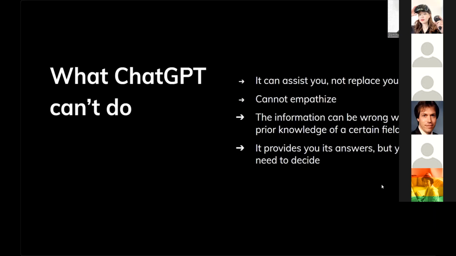And the information can be wrong without prior knowledge of a certain field, right? So, for example, when I was doing Unity, I was typing some coding requests. I was lazy and just copied and pasted, and a lot of times it was wrong because of a lot of settings, or because we didn't tell ChatGPT super detailed information about our project.